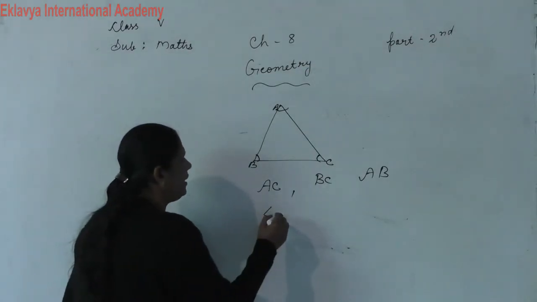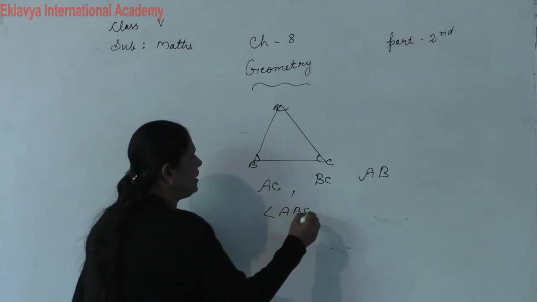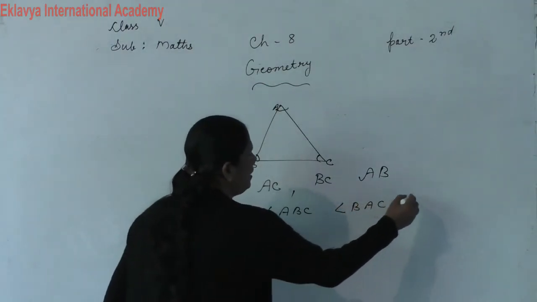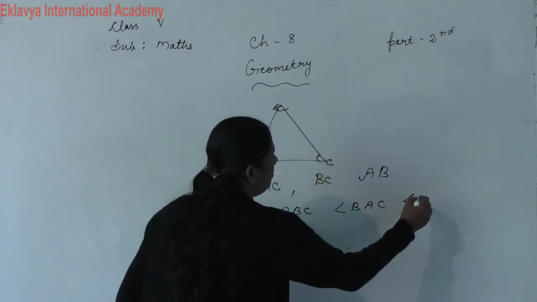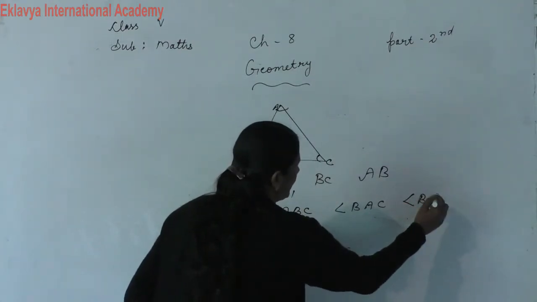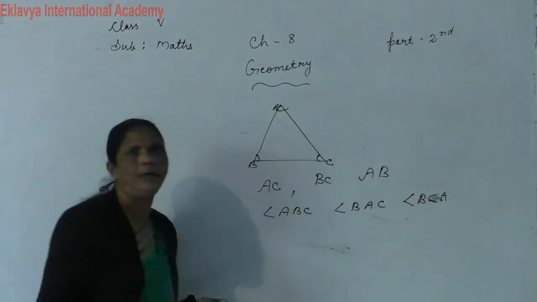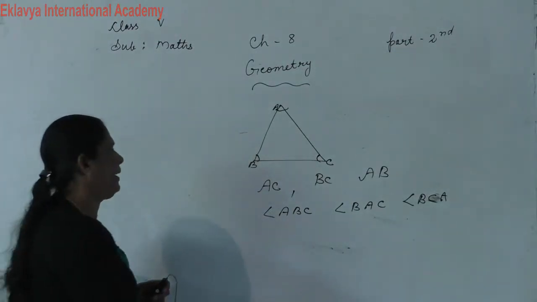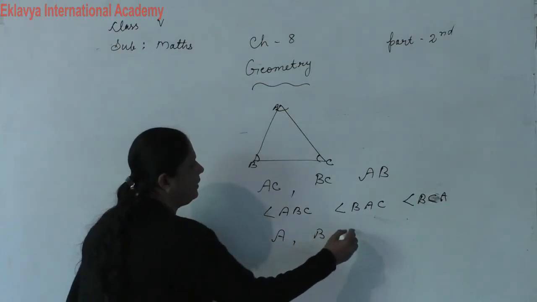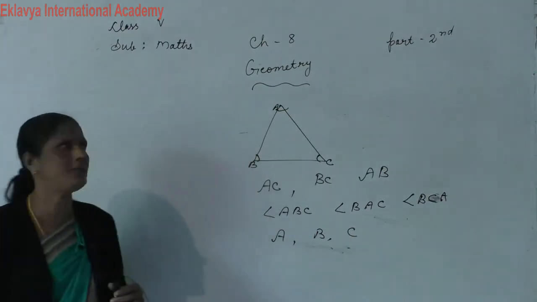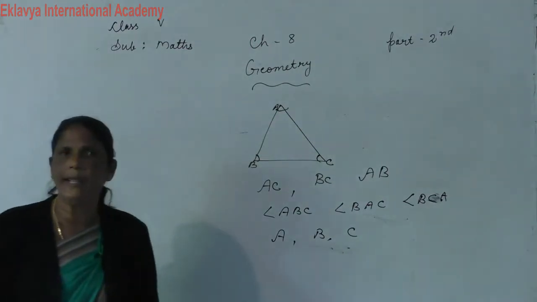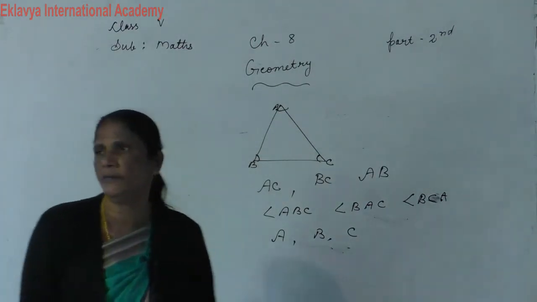Angle ABC, angle BAC and angle BCA are the angles of a triangle. Then A, B and C are the vertices. A triangle has 3 sides, 3 angles and 3 vertices.